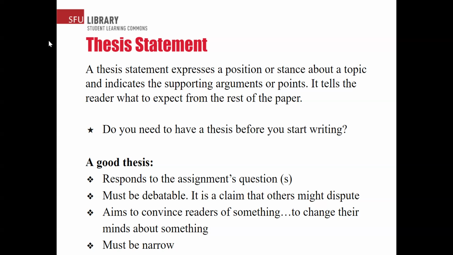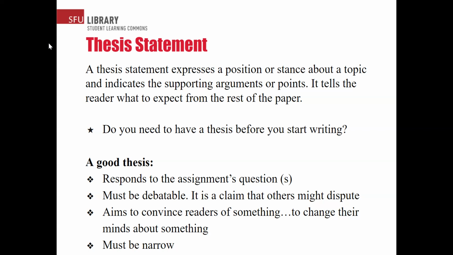So if you think that your thesis is something that everyone, including your friends, your peers, and your instructor agrees with, then maybe you need to revise it. On the other hand, if your friends or your instructors might disagree with you, that actually could be a sign of a good thesis statement.